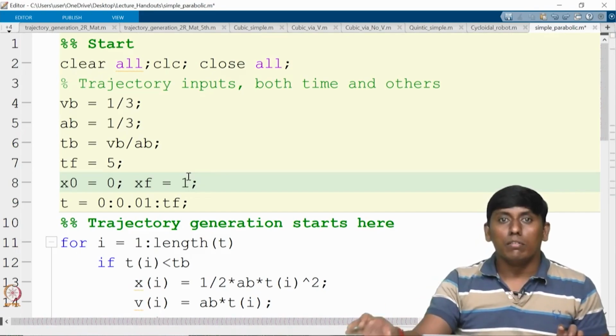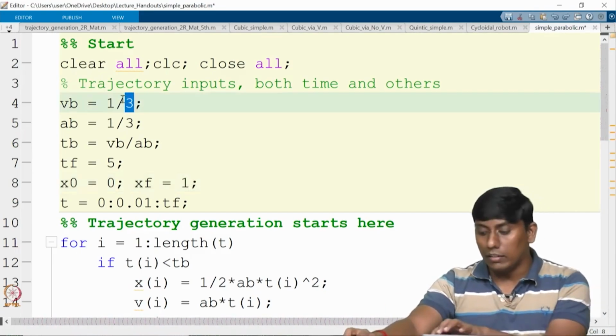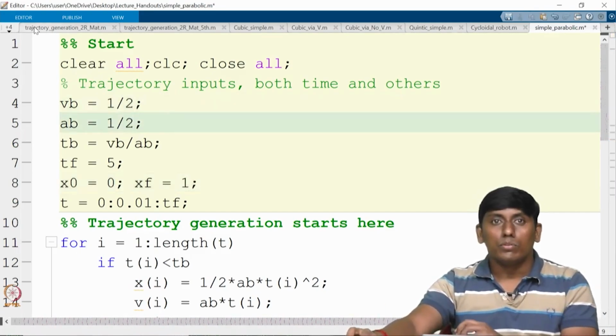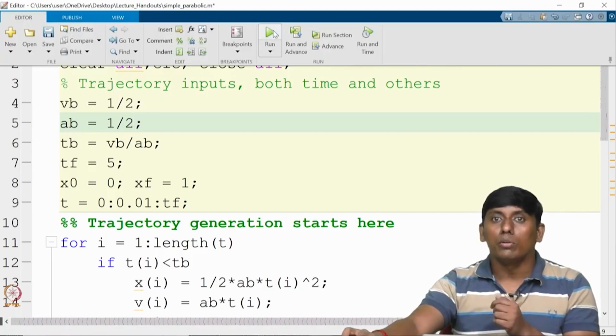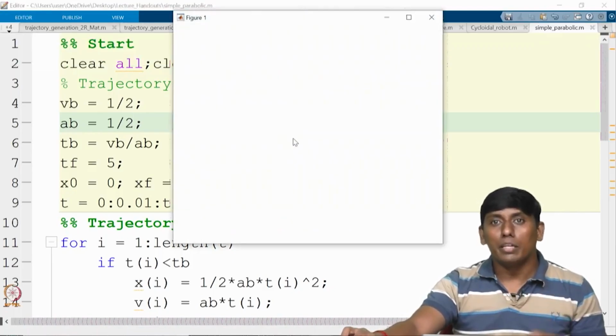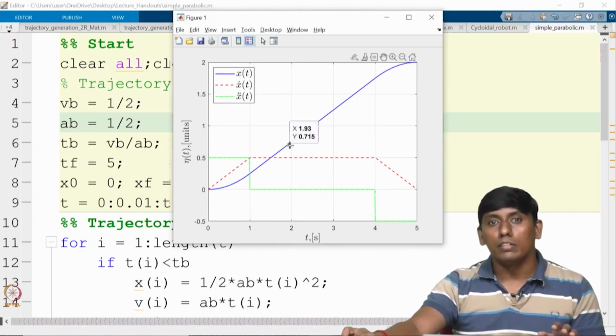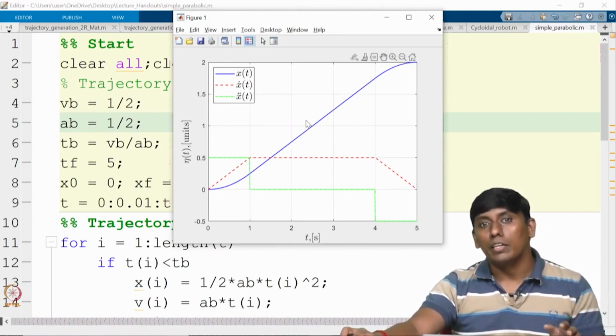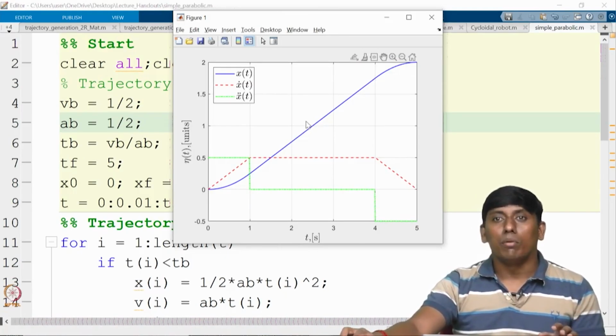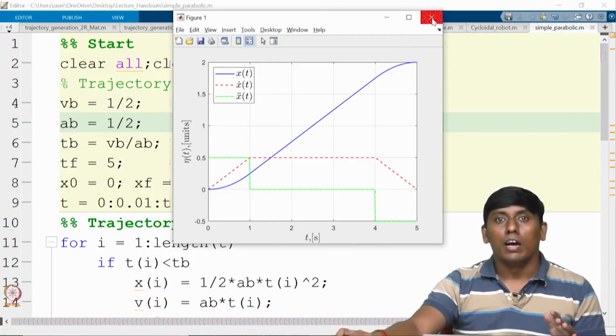Okay, so now we will keep this as it is. So that proportion you have to multiply. So that's why the parabolic blend is not so common to most of us, because it is a little trickier one. So now you can feel this is happening.